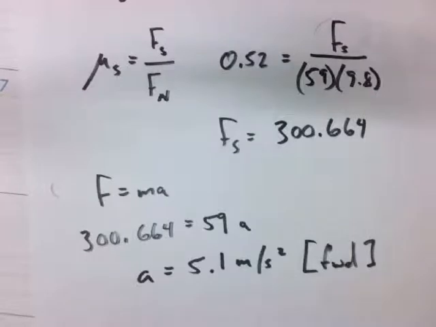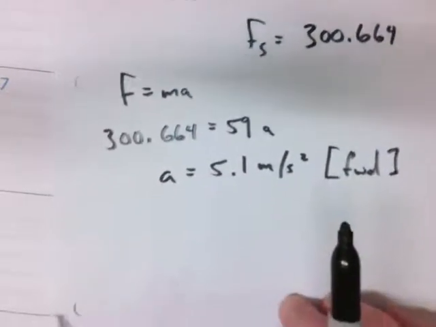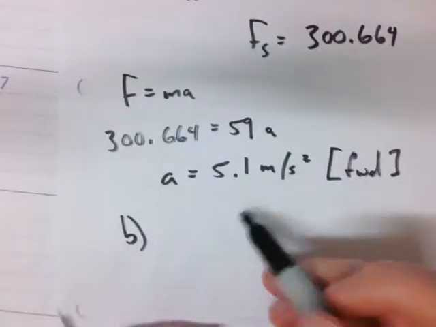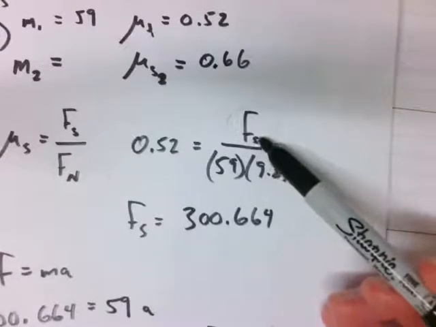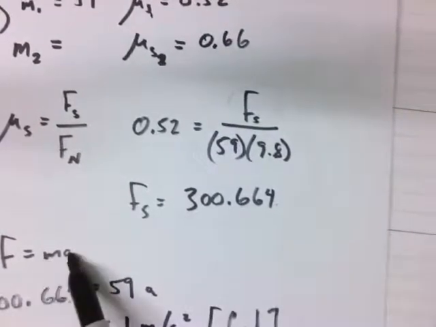Maximum possible acceleration. Part B says explain why we do not really need the mass of either person when finding the initial maximum possible acceleration. Good question. The reason we don't need it is that if you look back up here, the 300 is mass times acceleration.